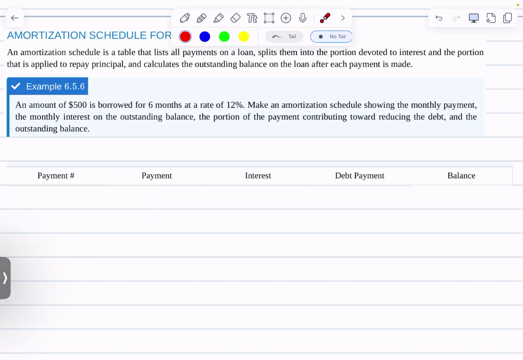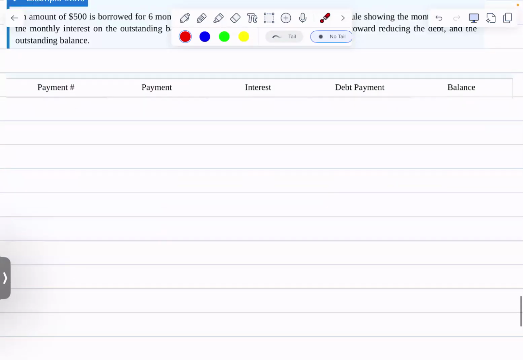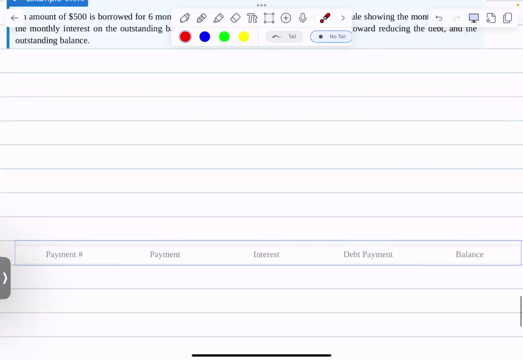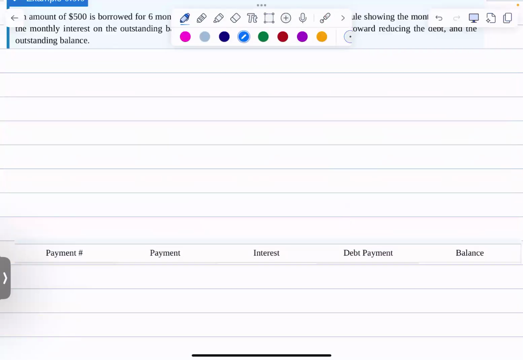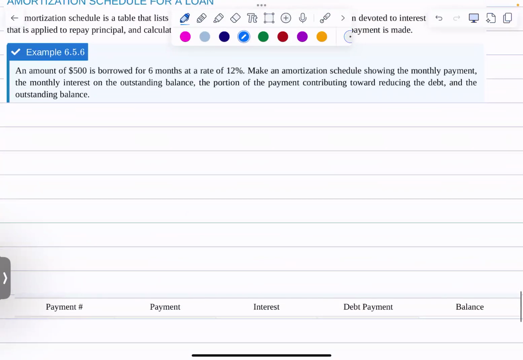But also, we need to figure out what the payment amount should be. Before we build the table, we need to find the payment amount.